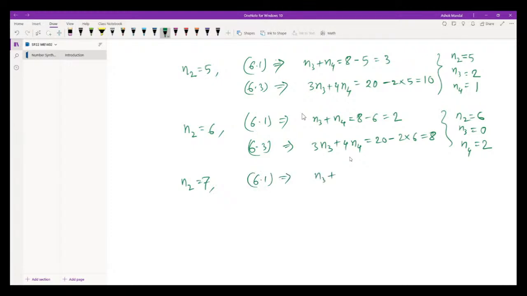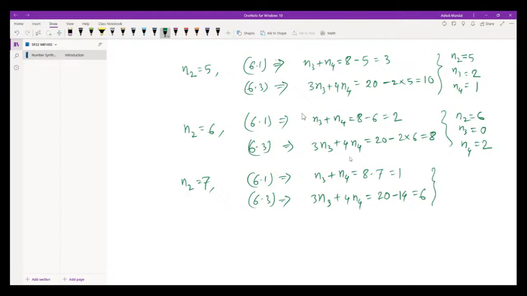6.1 gives us n3 plus n4 equals 8 minus 7, and 6.3 gives us 3n3 plus 4n4 equals 20 minus 14.